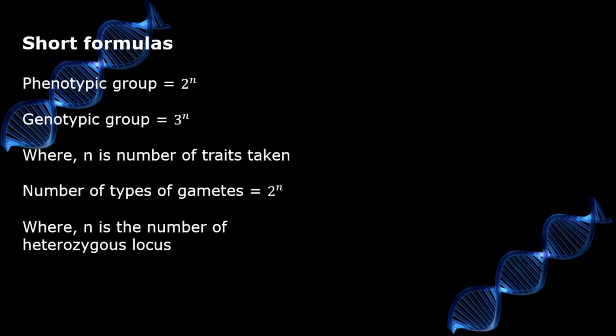Example, in a monohybrid, one trait is selected. So, the number of phenotypic groups is 2 raised to 1, that is 2. Two types of phenotypic group. In a dihybrid, there are 2 traits, so 2 raised to 2, that is 4.